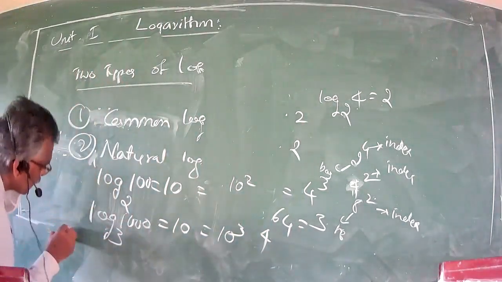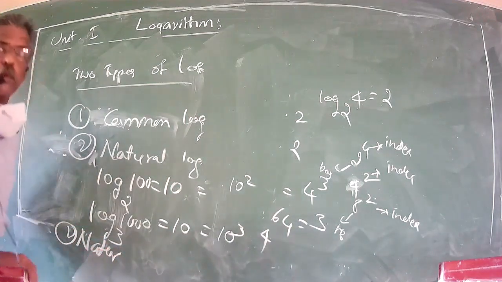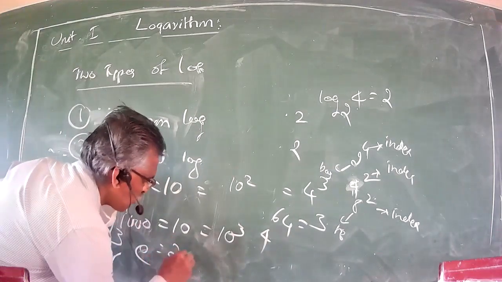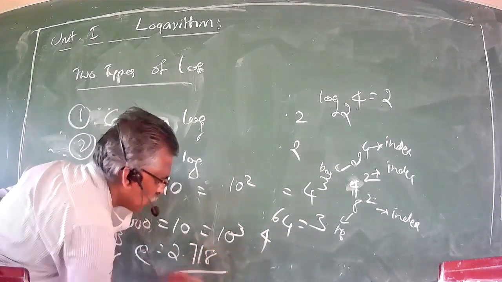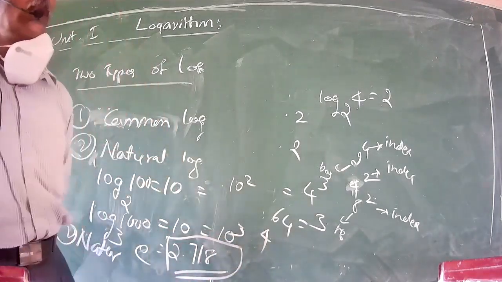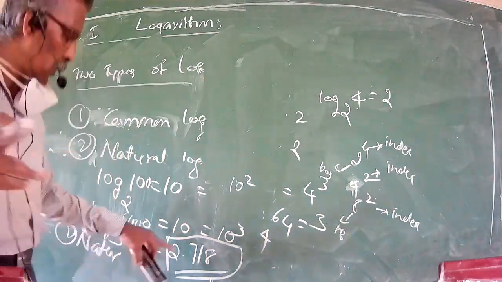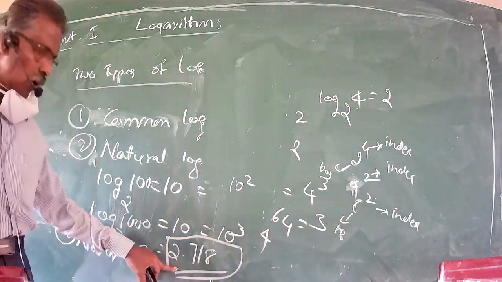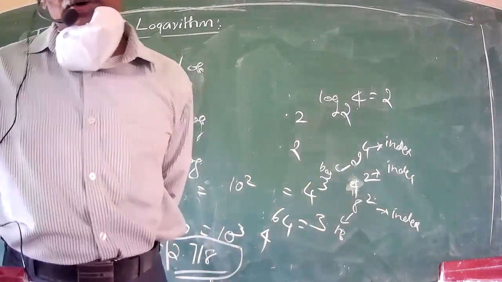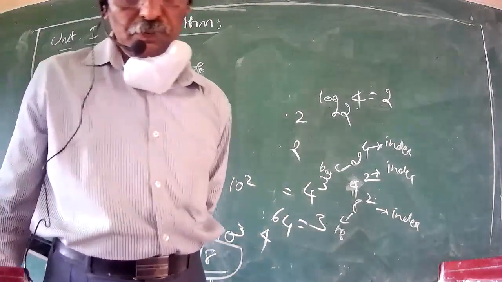Then next, second is natural logarithm. In natural logarithm, e equals 2.718. This was already derived, and it is only used. This is not useful for you now because it is used in physics, chemistry, and other scientific work. We use the natural logarithm to the base e.